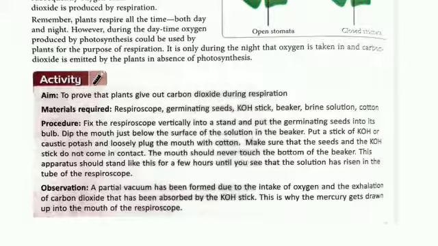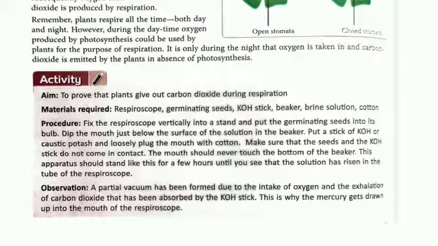So listen, KOH absorbs carbon dioxide. This is the property of potassium hydroxide. A beaker of brine solution. This is a solution just like Benedict solution or iodine solution. This is brine solution. And cotton.